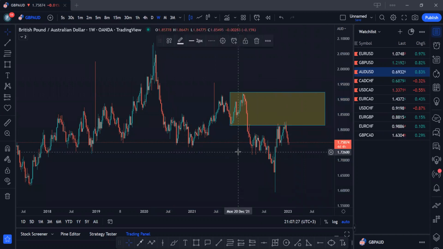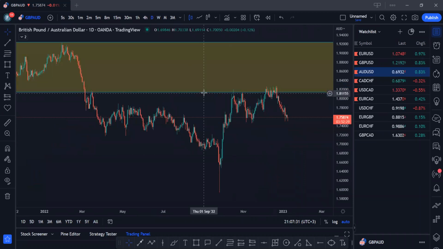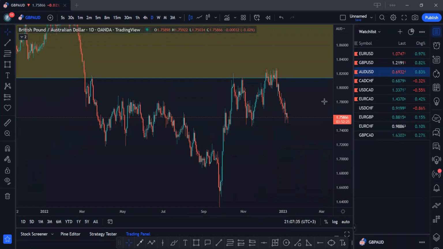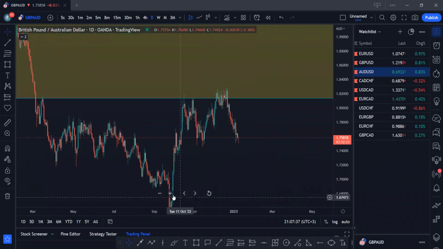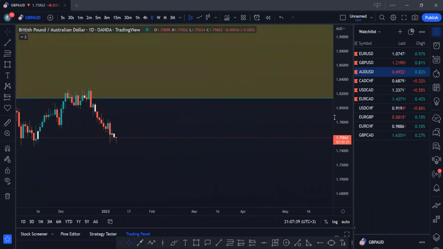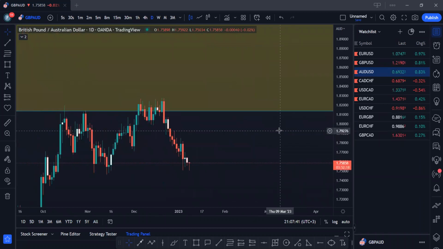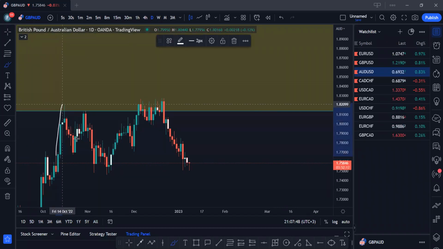All right, so on weekly, let's go to daily. Good. So on daily, we also have a confirmation of that supply on weekly. Okay. What do we have in that weekly supply? We can see this mitigation here, an M pattern forming. Okay.